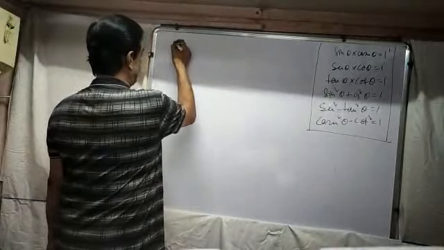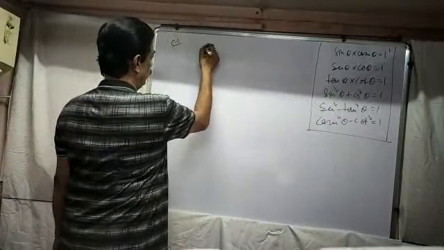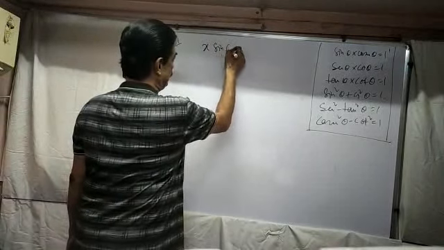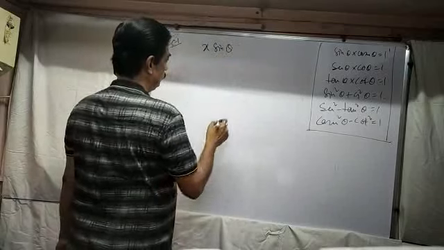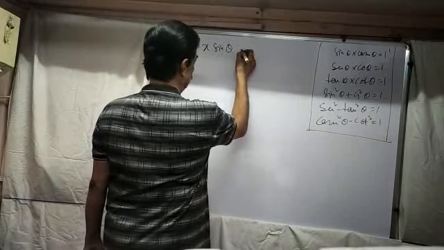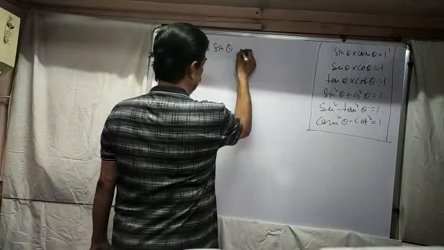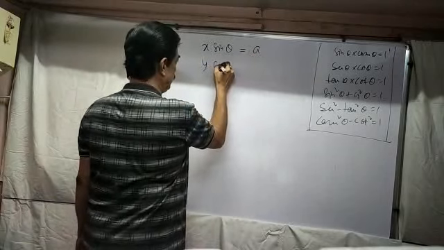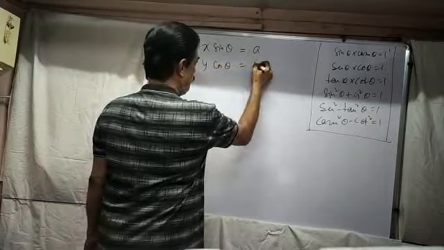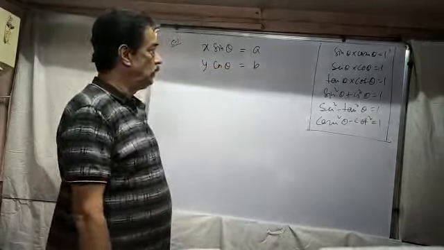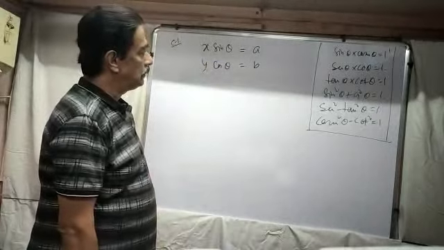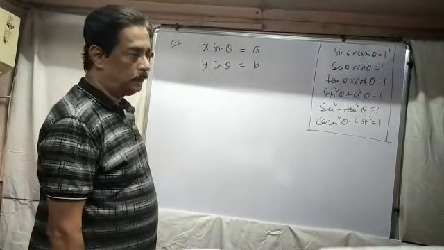They are giving case 1: x sin theta equal to A and y cos theta equal to B. These two equations give the representation of which type of curve.